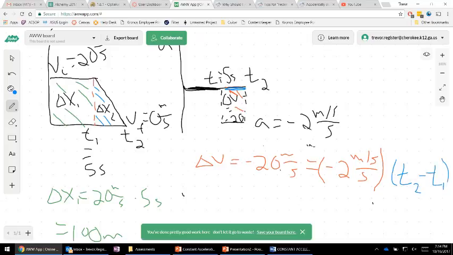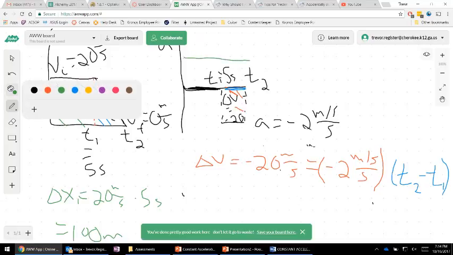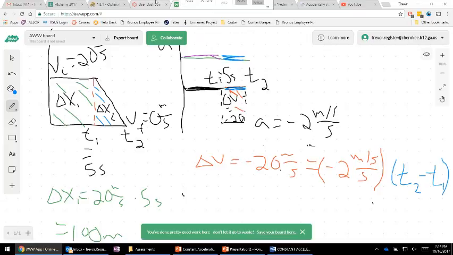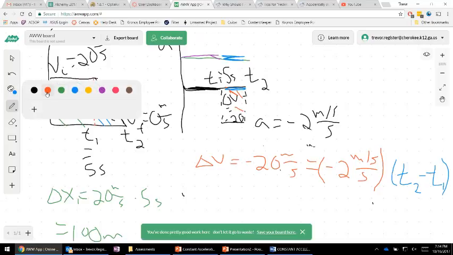T2 is this width in green, and T1 is the width in purple here. If I take the width of the green and subtract off the width of the purple, I'm left with that width in blue there. And so when I go over here, I've got -2 times T2 minus T1 is equal to -20.